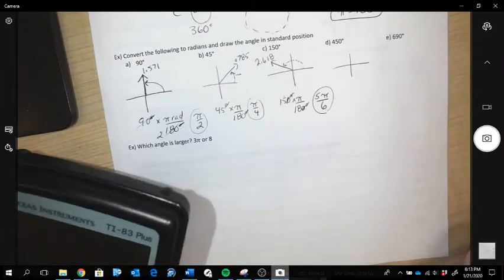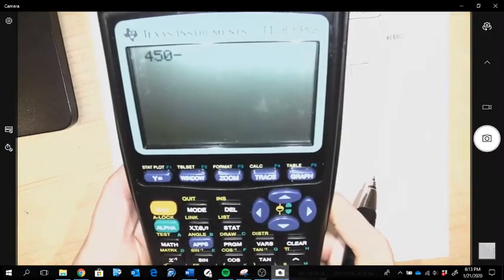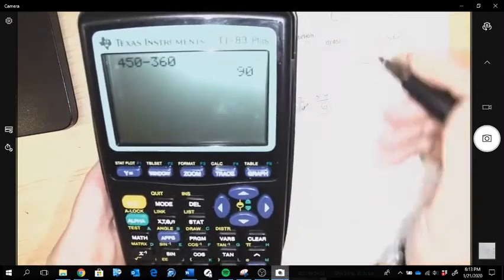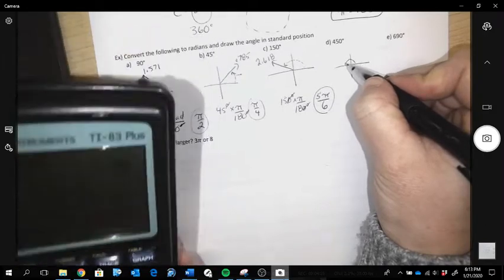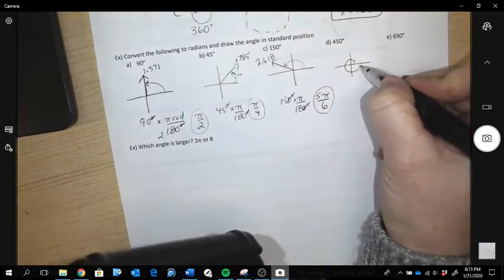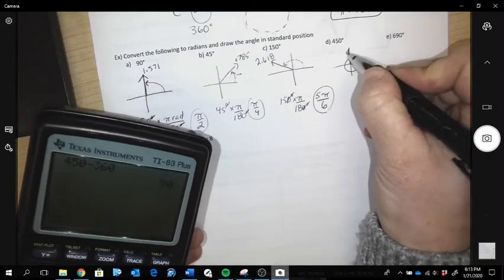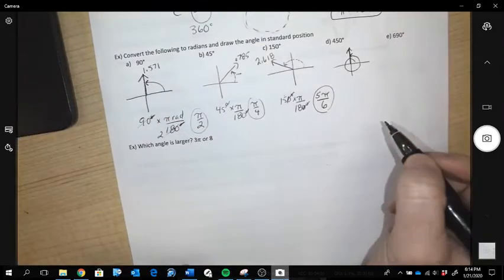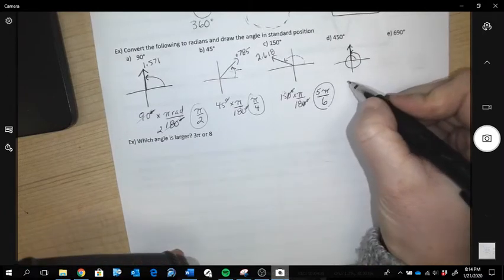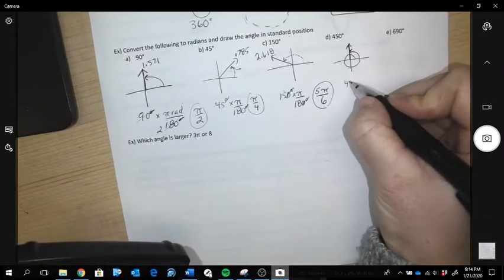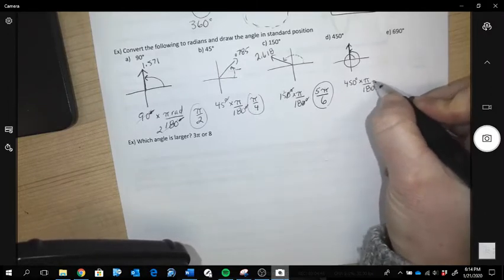Okay, 450. So 450, you would have to take off 360 degrees. So in a revolution, 450 goes around 360 and then 90 more. So that's where you land. So this is actually going to be 450 times pi divided by 180.